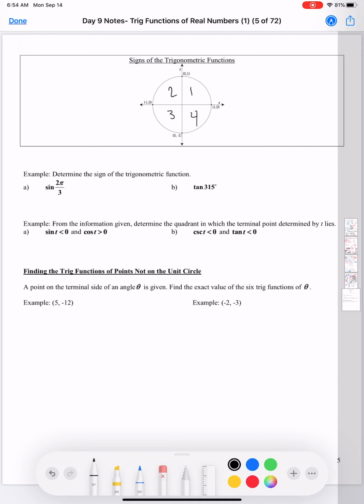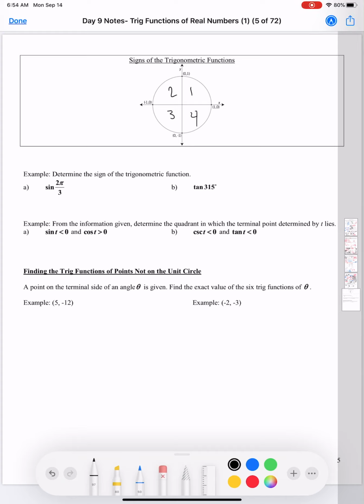Okay, so we have more trig functions than just sine and cosine, right? We talked about how in quadrant 1, both sine and cosine are positive. That means that tangent must also be positive, right? Sine over cosine equals tangent.